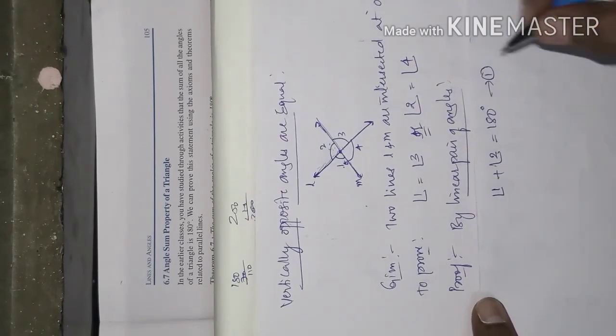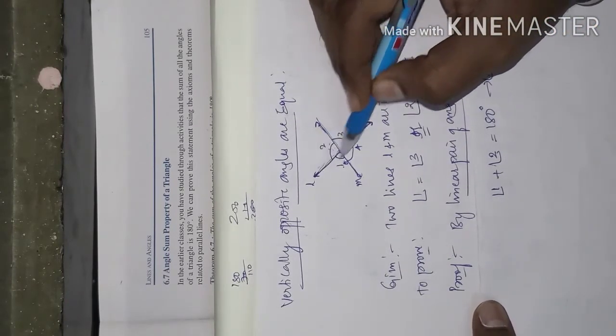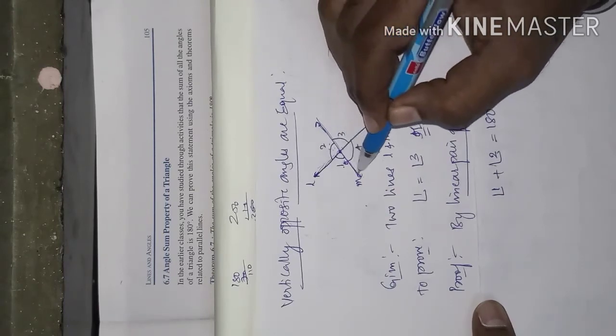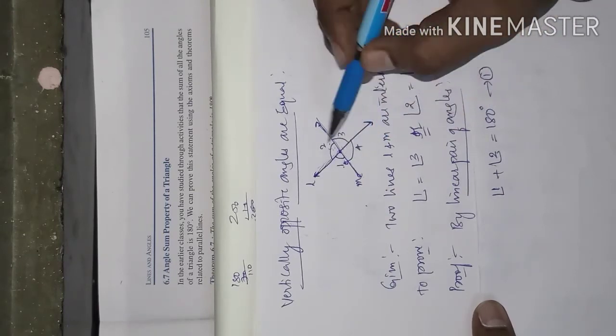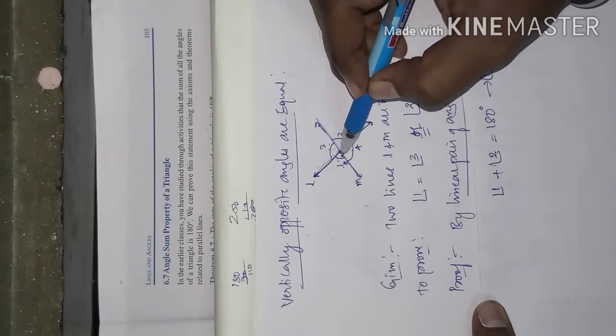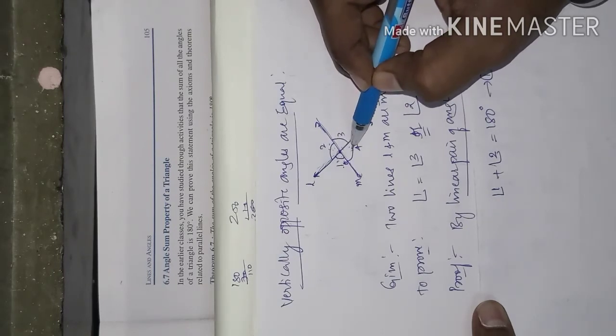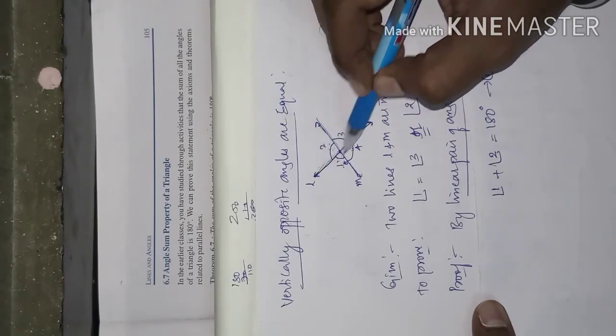In the same manner, this is the line L and OM is the ray. So angle 4 and angle 1 are adjacent angles. Once again, L is the line and OM is the ray standing on a line.